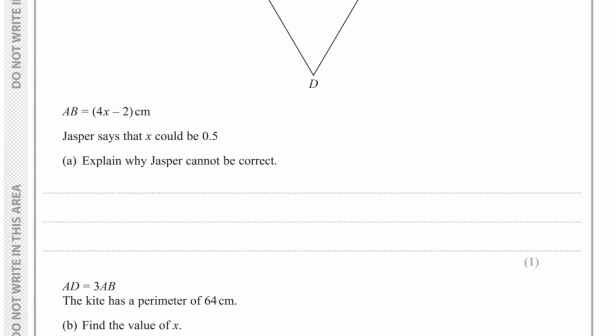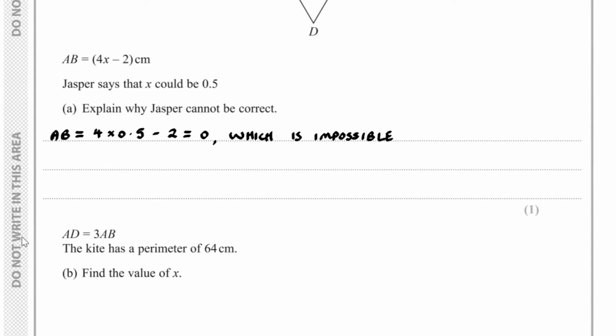And so therefore, AB equals 4 times by 0.5 subtract 2, which is equal to 0. Which is impossible. Then for part B, AD is equal to 3AB, and the kite has got a perimeter of 64 centimeters. We have to find the value of x.